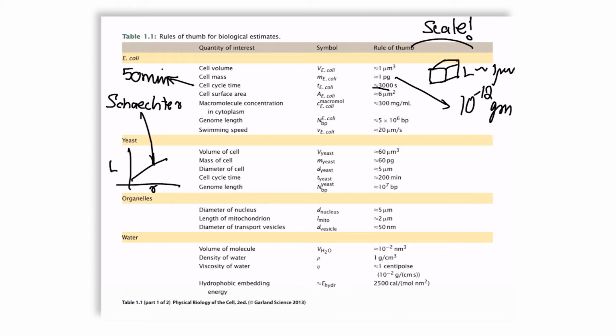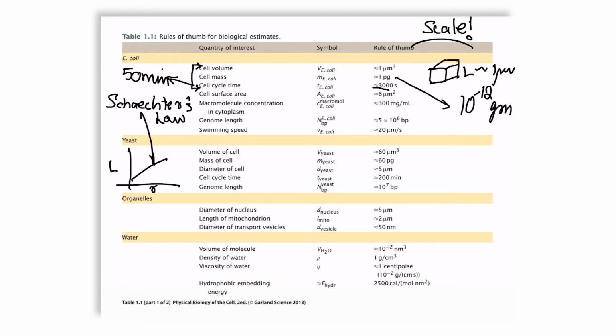This is called Schaechter's law, and there's a precise relation for this. So in a way, these are not independent variables. They are interdependent, you could say. So by changing one, you can change the other. And the causal links, you see, once we put a number to it, the causal links become interesting.